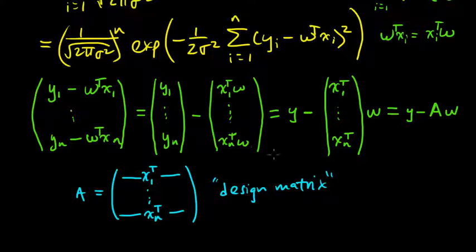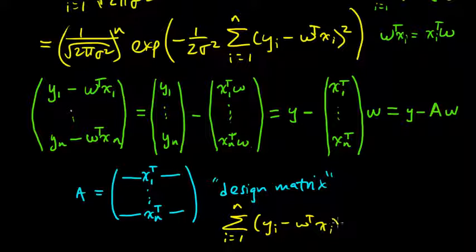So that means, back up to here, the sum of (yi minus w transpose xi) squared equals the dot product of this vector, y minus Aw, with itself.